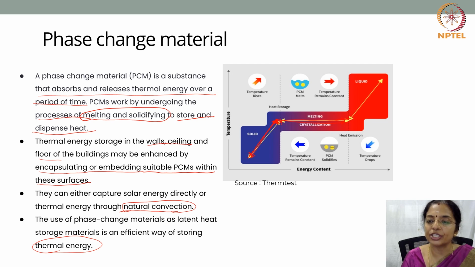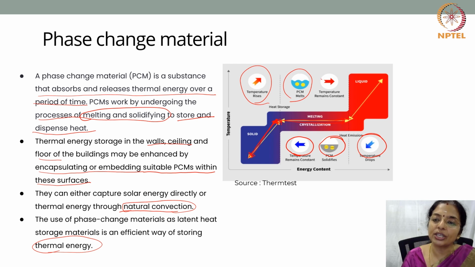As the temperature drops, the PCM begins to solidify as it gives away heat, and the temperature still remains constant. So when the temperature rises, the PCM will melt, but its temperature will still remain the same. When the temperature drops, the PCM will solidify and the temperature will remain constant.